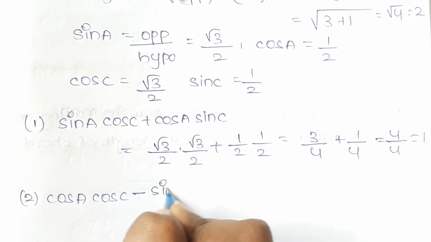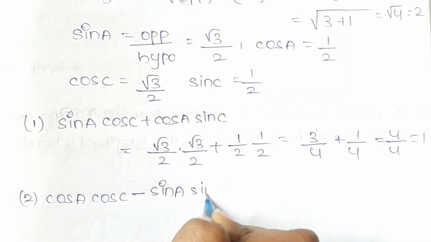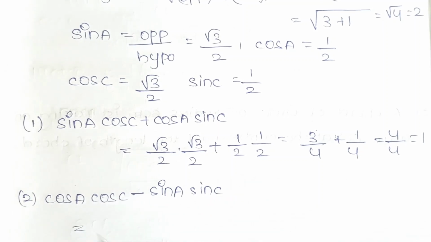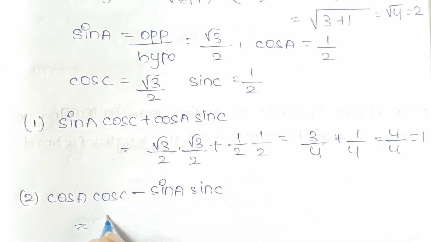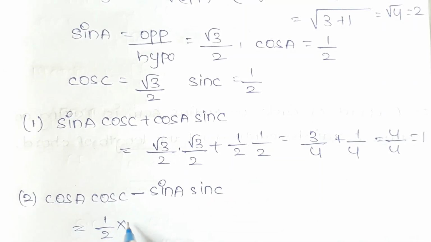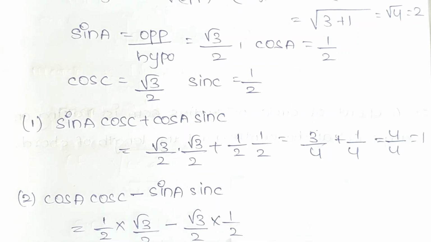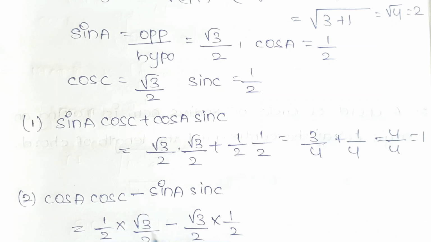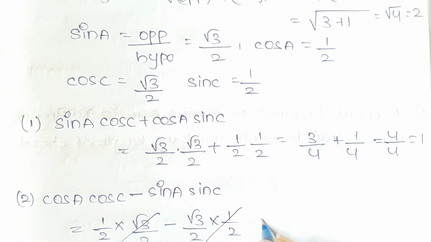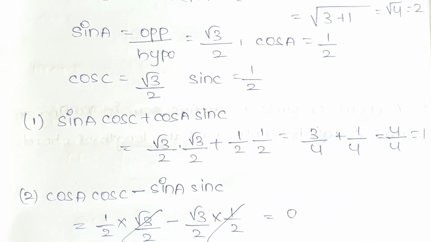And now second one is cos A cos C minus sin A sin C, that equals 1 by 2 into root 3 by 2 minus sin A is root 3 by 2 into 1 by 2. Here both are equal and in the middle it has a minus symbol, so both get cancelled and the value is 0.